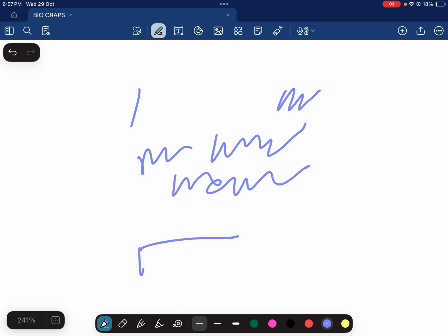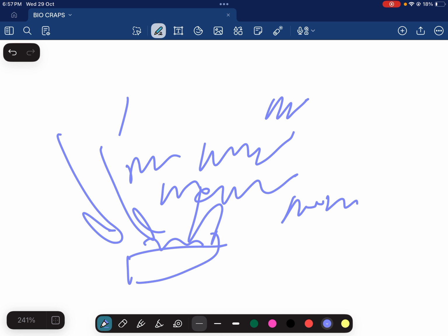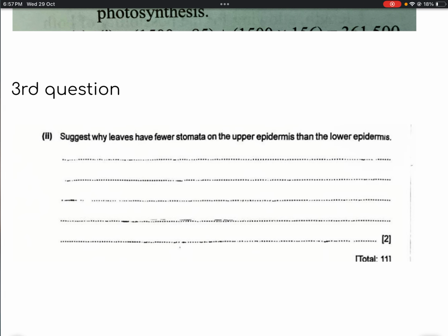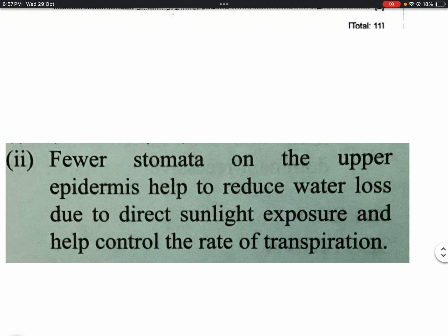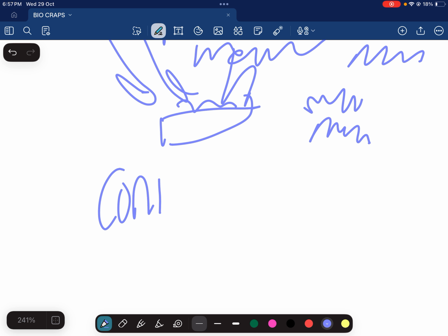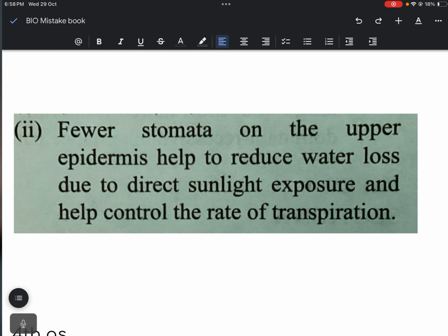Because when the leaf is here, more sunlight comes from above. So it's to reduce the amount of water loss, and also to maintain transpiration. Let's say control the rate of transpiration. It controls the rate of transpiration. Okay, that's good. Next question.